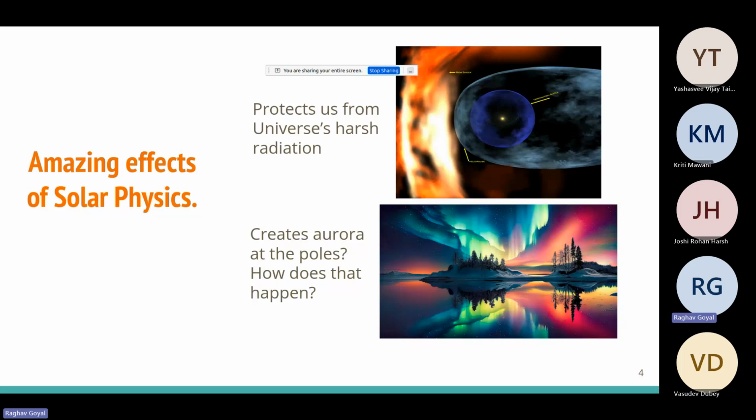Another interesting effect of solar physics is the heliosphere, which is the volume of influence of the sun.